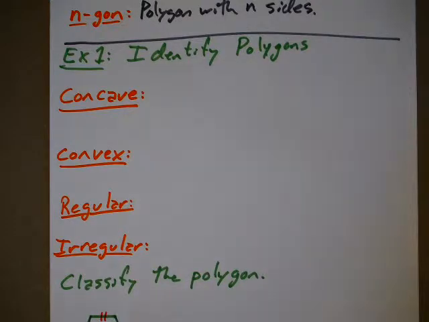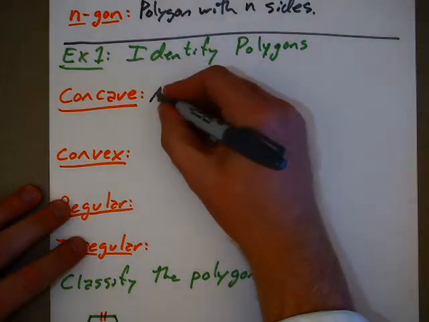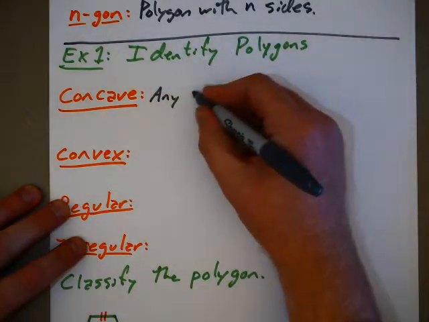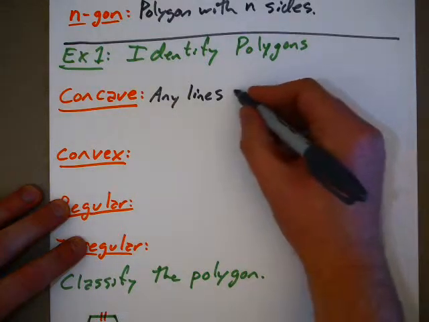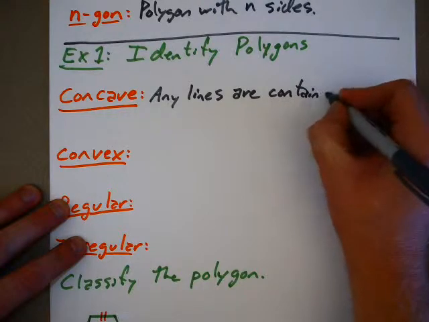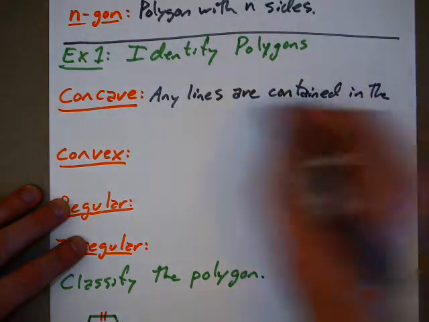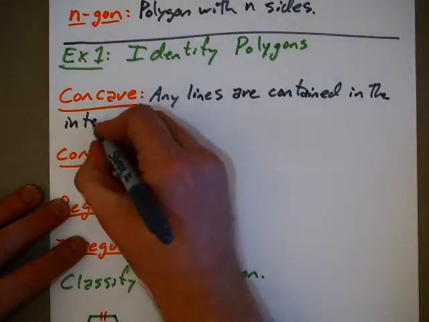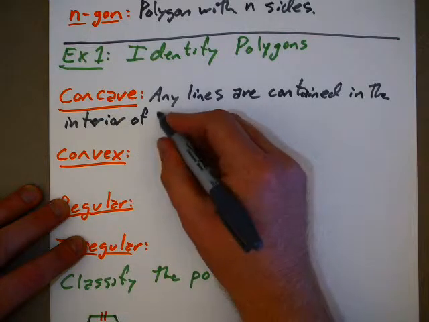Concave, what they say is that any of the lines that make up the sides are contained in the interior of the polygon.